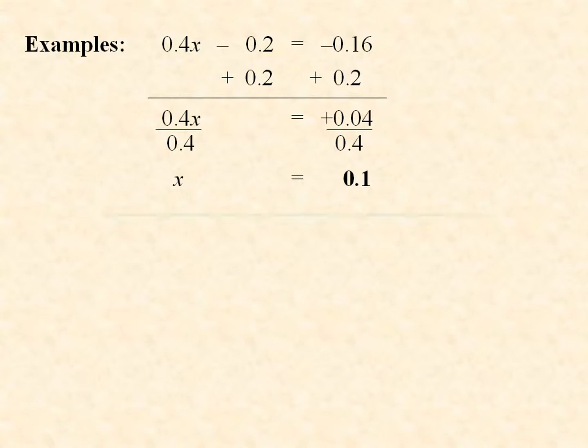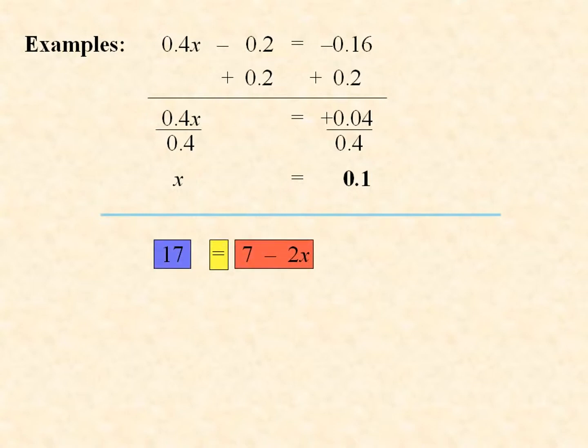Let's look at one last example. Here we have 17 equals 7 minus 2x. Now the x is on the right side. So look closely at the sides of this equation. We want to get rid of the 7 and the negative 2 in front of x. We'd better rewrite that right-hand side as an addition problem so that we can handle it correctly.